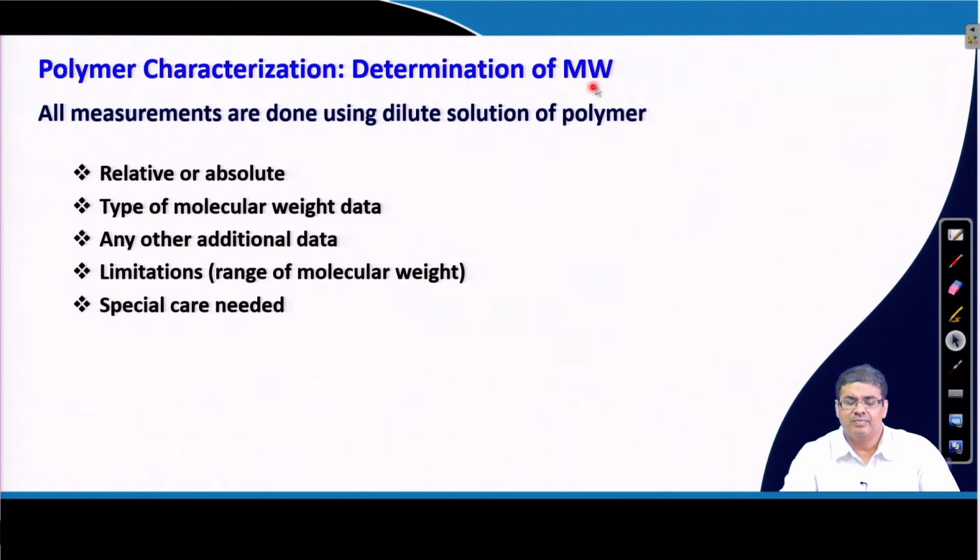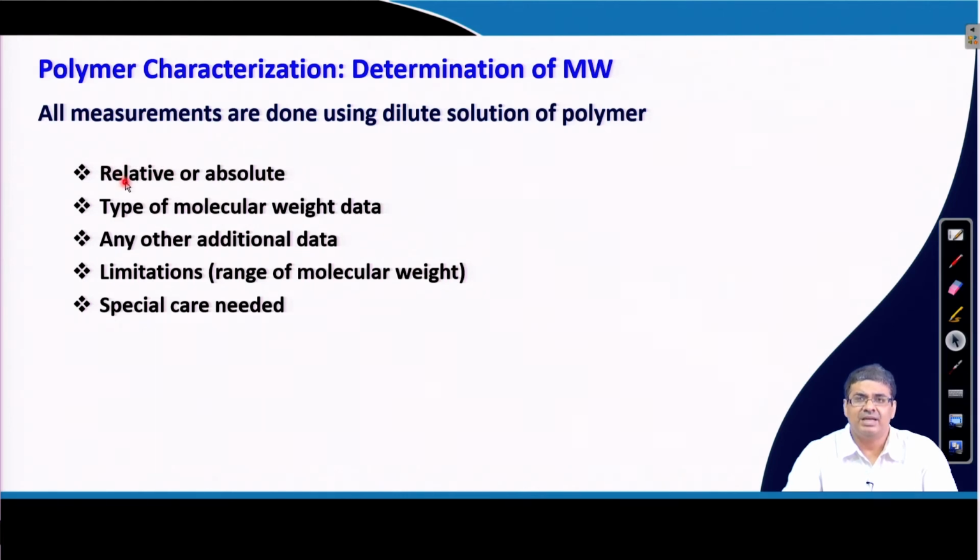While we use different techniques, we must understand the different aspects of various techniques. For example, whether the technique is relative or absolute. Relative in the sense that the reported molecular weight values are relative to some other known values, or it is an absolute value.